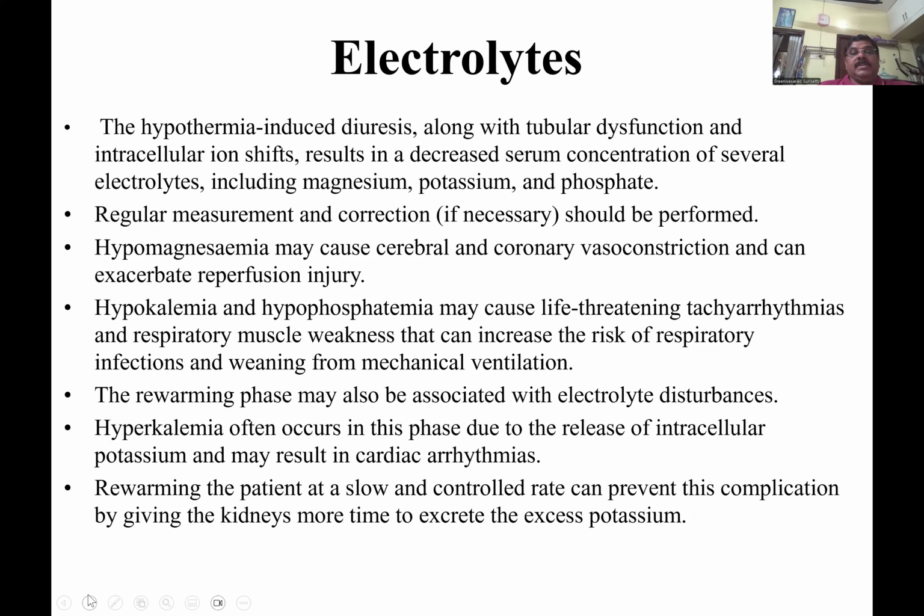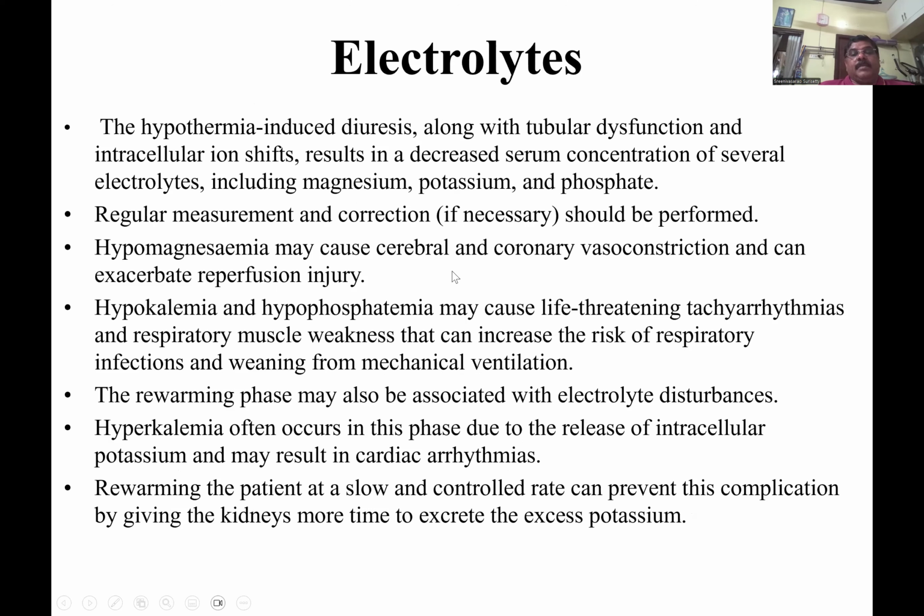Other electrolyte abnormalities may also be caused by therapeutic hypothermia. Along with the tubular dysfunction, intracellular ion shifts result in decreased concentrations of several electrolytes, including magnesium, potassium, and phosphate. So regular measurement and correction may be needed while using TTM.